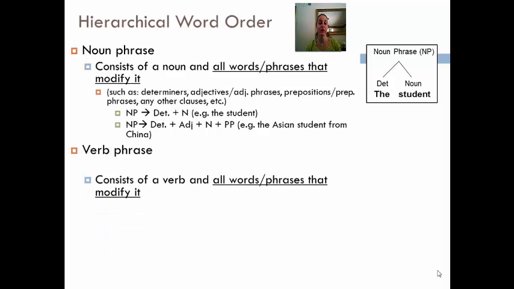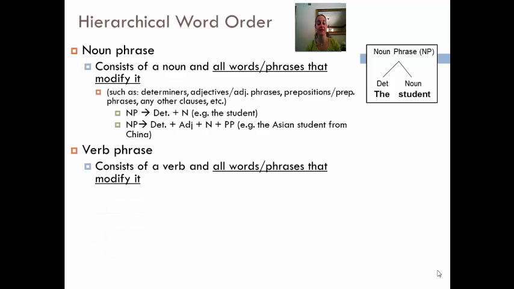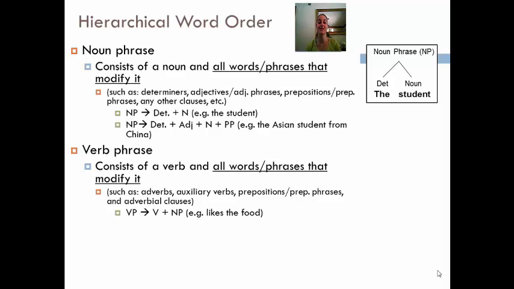We also have verb phrases, which is a verb and all words or phrases that modify it. Verbs, when they come in front of noun phrases, subsume that noun phrase and make it a verb phrase. Okay? So here's a very simple verb phrase: a verb, "likes," and then a noun phrase, "the food." Together, that would be a verb phrase.